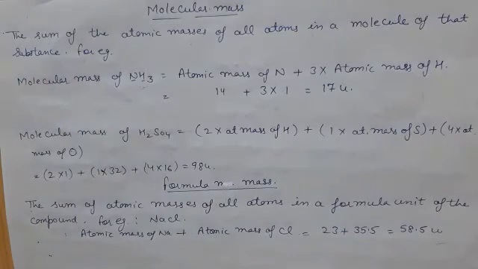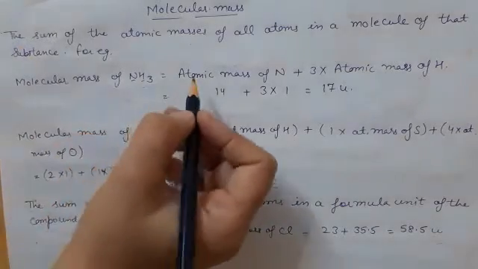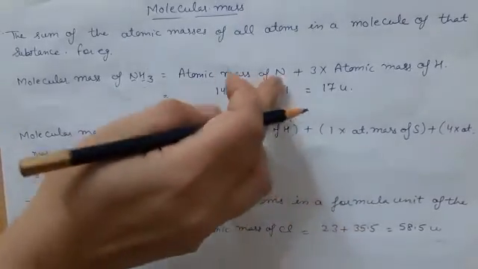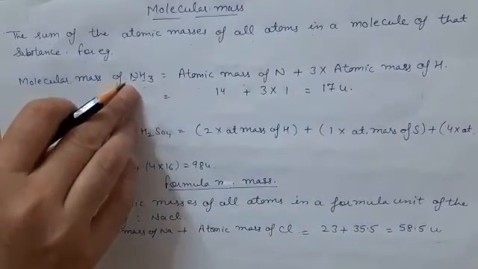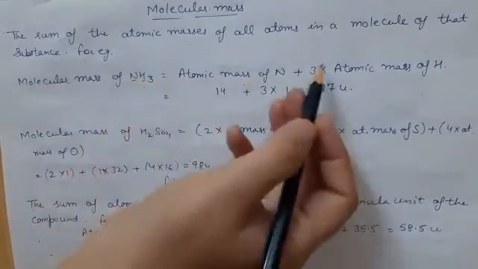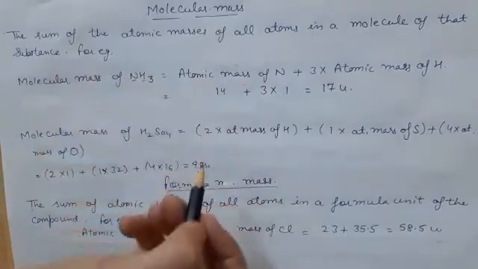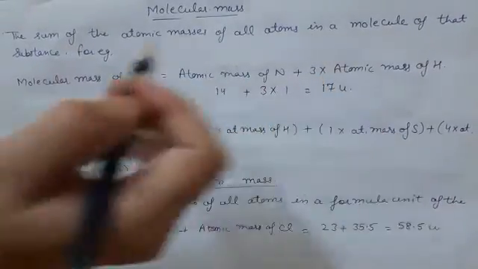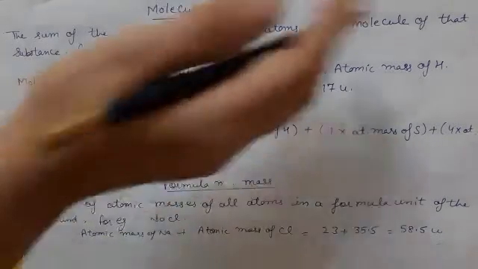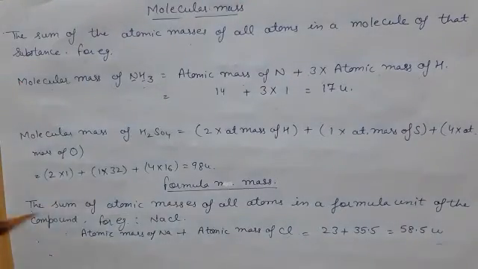To find the molecular mass of any molecule, we have to multiply the atomic mass of the given element by its number of atoms, plus the number of atoms of another element into the atomic mass of that element, and if more than two elements are present, you can add them and so on.